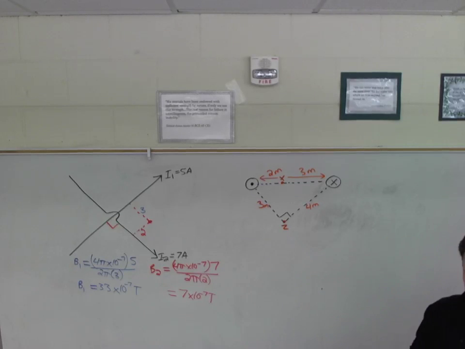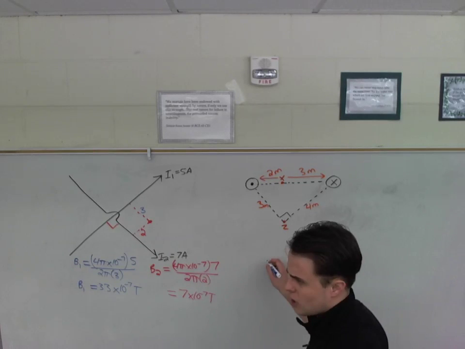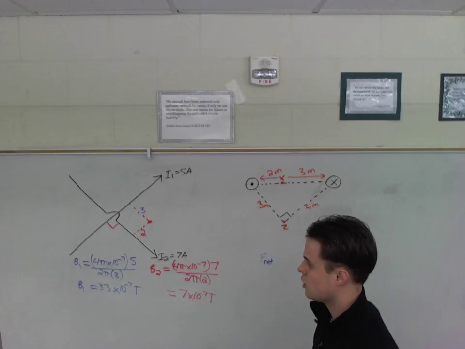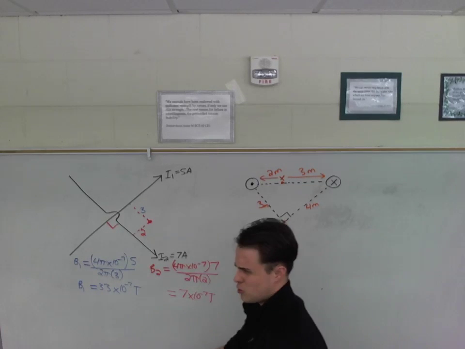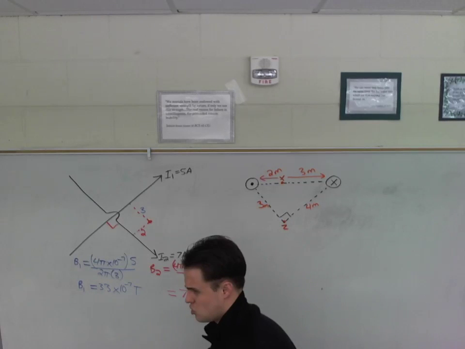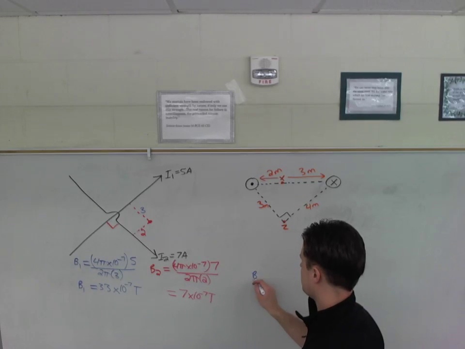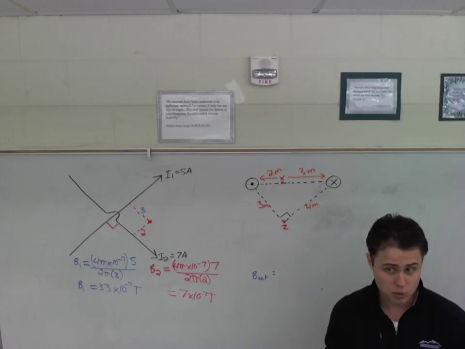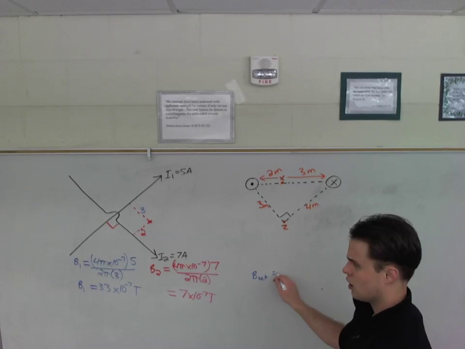So if there was an angle, the resulting field vector, I'm not saying there is, but if there was, how would we come up with that?